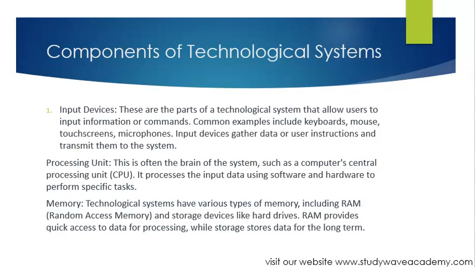Technological systems have various types of memory, including RAM, random access memory, and storage devices like hard drives. The RAM provides quick access to data for processing, while storage stores data for the long term. Okay?